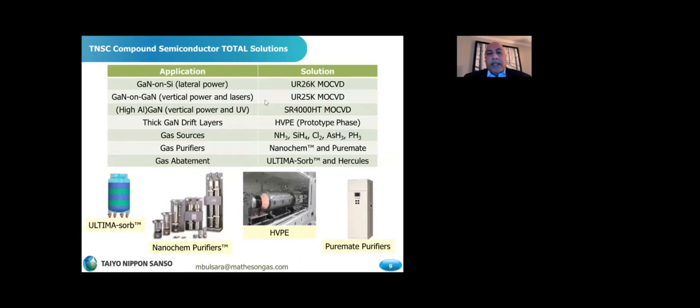TNSC is continuing to innovate and develop technologies like hydride VPE, for deposition of thick gallium nitride drift layers, and can provide sources, as mentioned, ammonia, silane, chlorine, and arsine and phosphine for even other MOCVD processes.